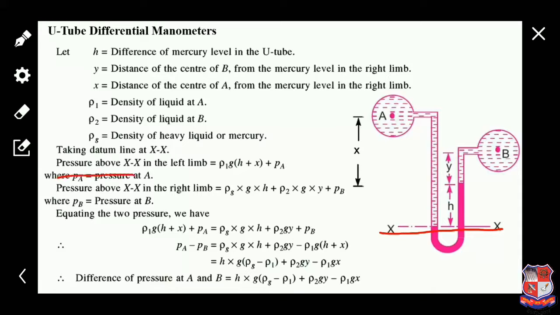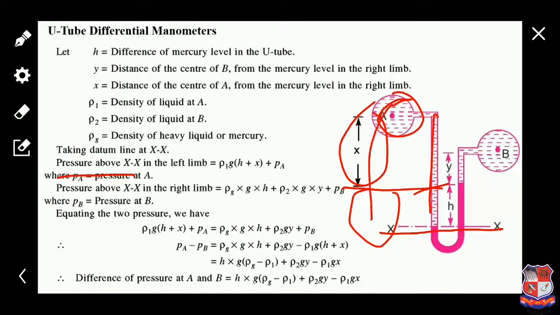The pressure above the XX plane in the left limb is the pressure inside pipe A plus rho 1 g H plus rho 1 g X, meaning rho 1 g (H plus X).